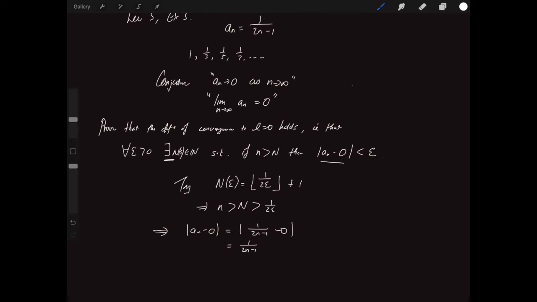We would really like something that was just something times n. We want 1 on 2n minus 1 to be less than 1 on something times n, because it's going to be a lot easier to manipulate. Well, that's equivalent to 2n minus 1 being greater than something times n. Can you think of a something that will make this true?